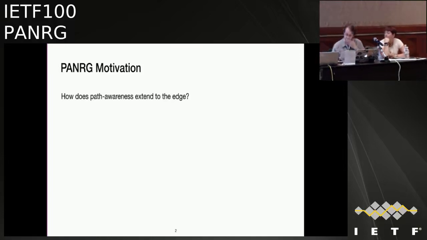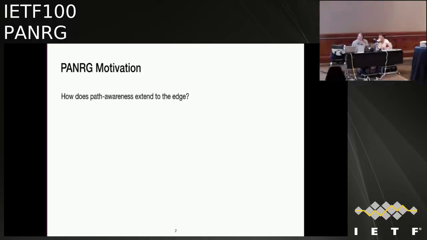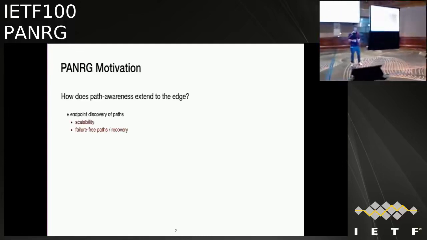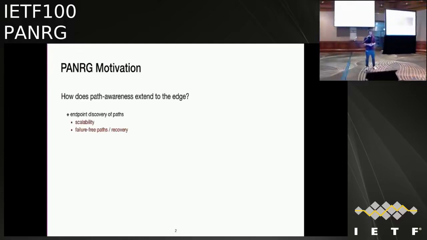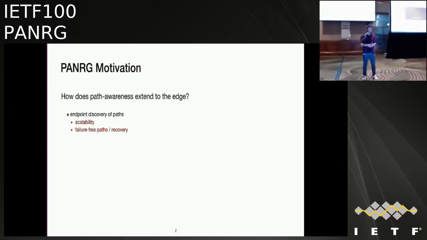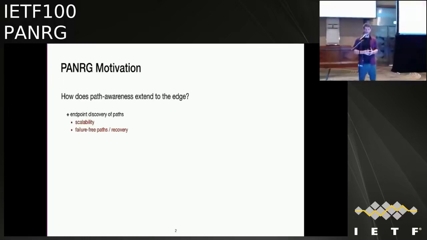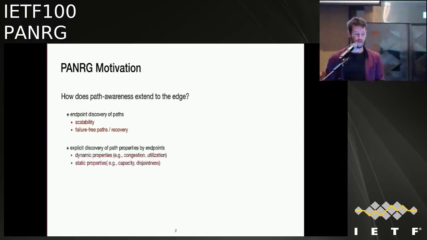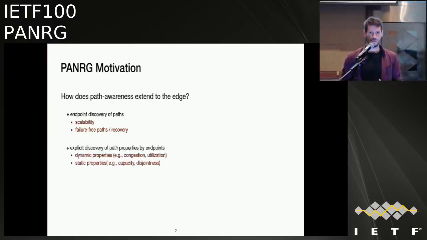So in order to answer this question, there are many other sub-questions to be answered. For example, how do endpoints discover paths? And more specifically, how do endpoints discover paths in a scalable manner? And how do they react in case of a failure in the network? Another question to be answered is how do endpoints discover path properties and how do they associate these properties to the paths?